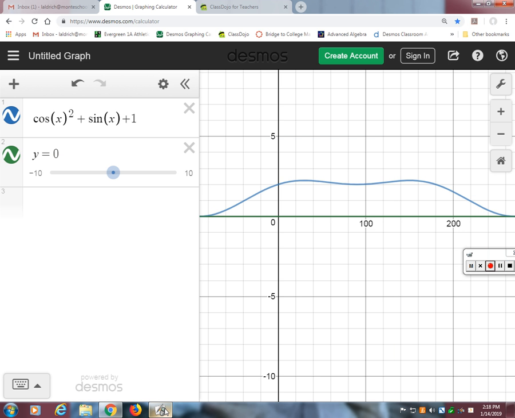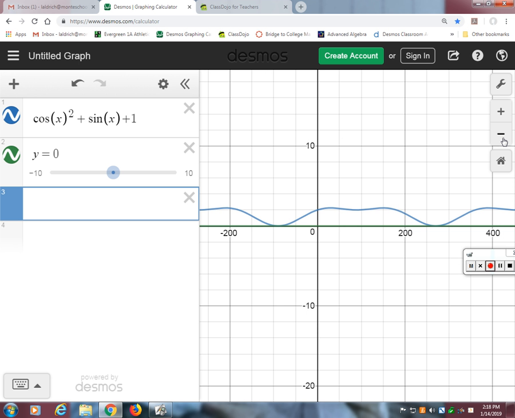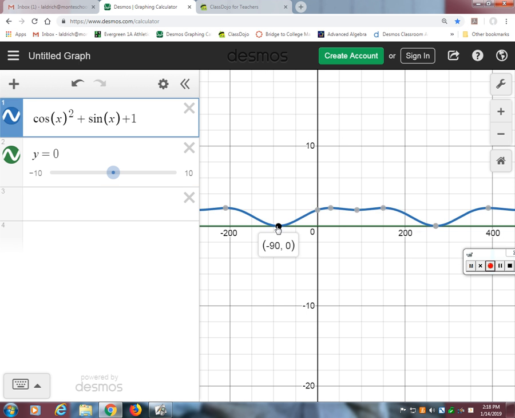It just turned out that one of them was at negative 90 and the other one was at 270. But that's not that they gave us those as answers. They just said only look for answers in that range.